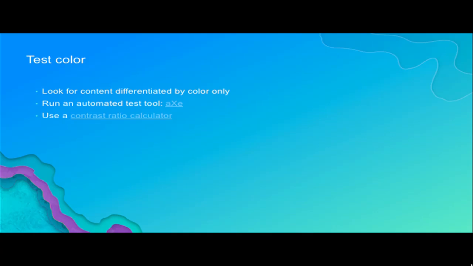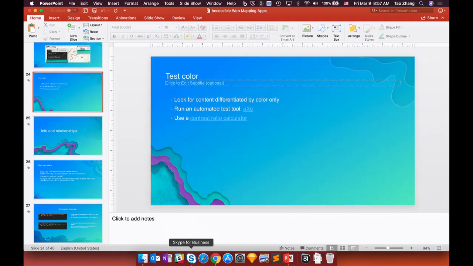Sometimes it's really hard for the automated testing tool to detect changes if the text is on a gradient background or on an image. So I always go to the code, look at the CSS, find out the background color and the foreground color, and put them into a color contrast ratio calculator, which I can show here.